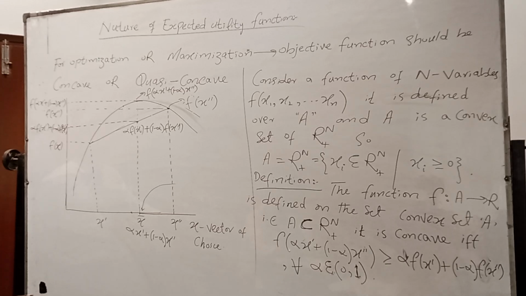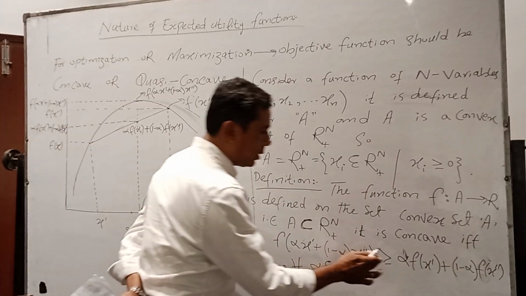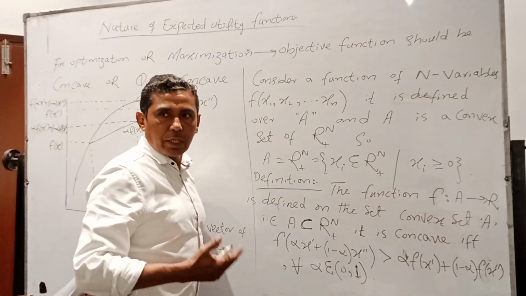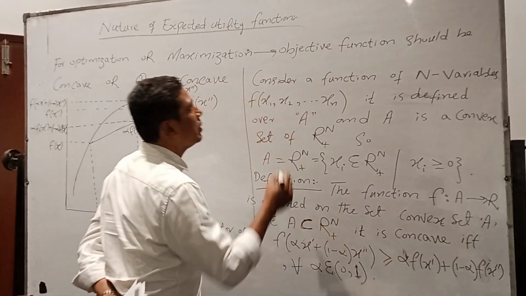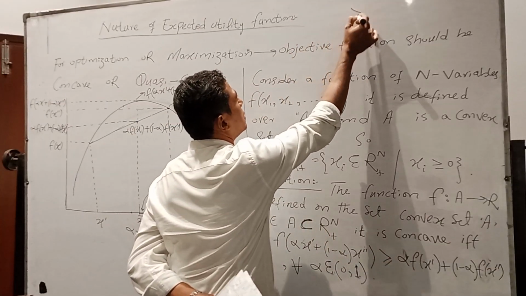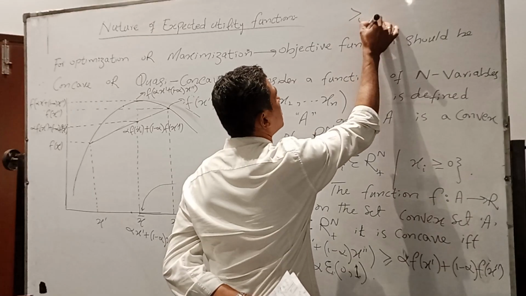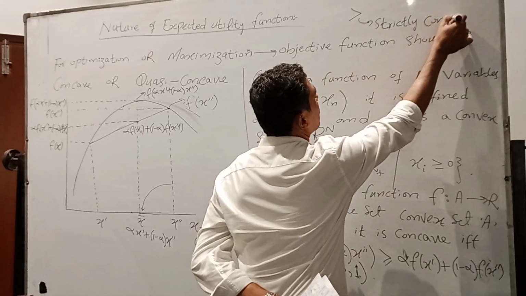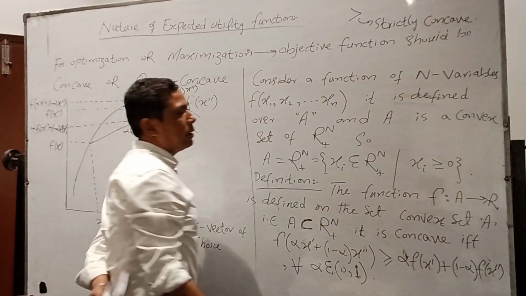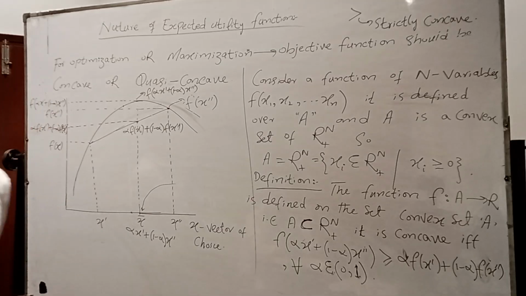So the function is concave, not strictly concave. Okay, if you have strict inequality, meaning you don't have this equality, okay, strict inequality, so that is called strictly concave. Strictly concave in the case of strict inequality.